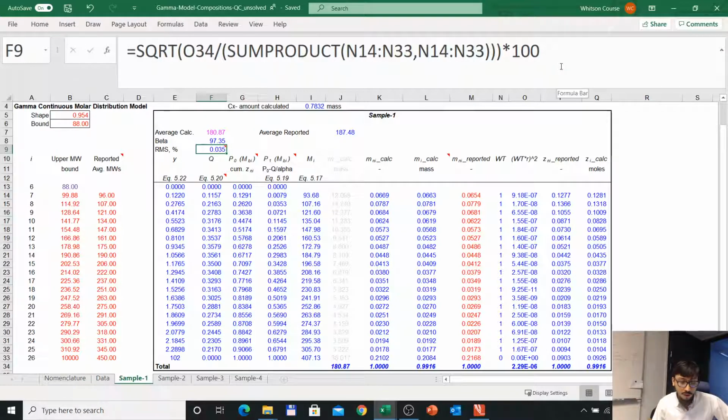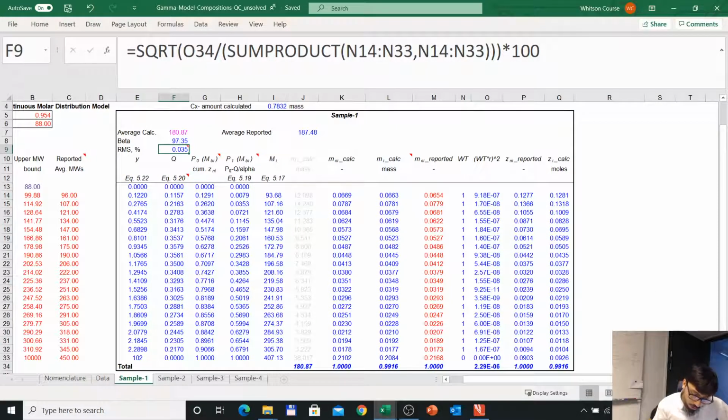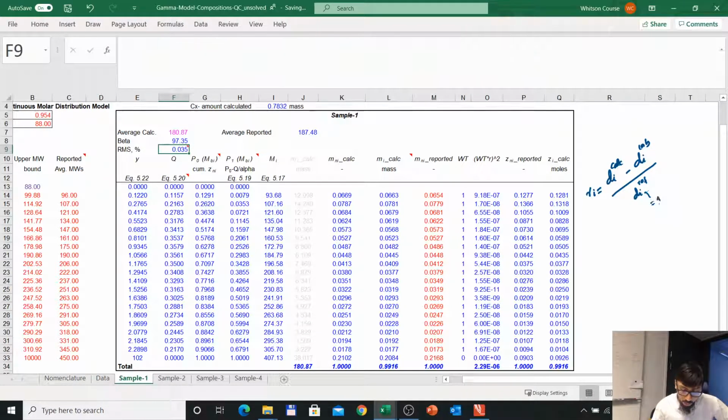And when FaceCom calculates an RMS, or the residual, when doing the gamma distribution model, it uses the reference value, because we know that when you calculate residuals, you have calculated data minus lab data, and then you have some kind of reference in the denominator. And for the gamma distribution model purpose, this DI reference is equal to 1.